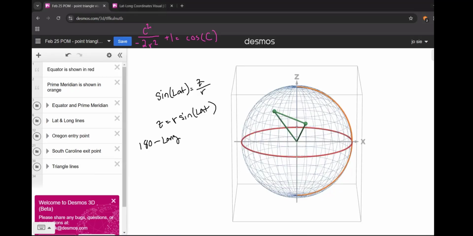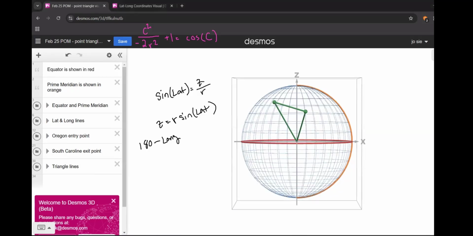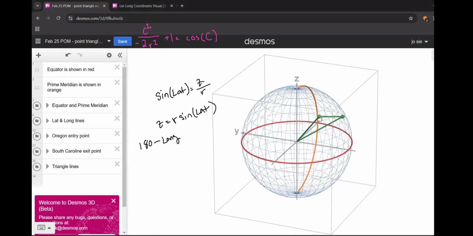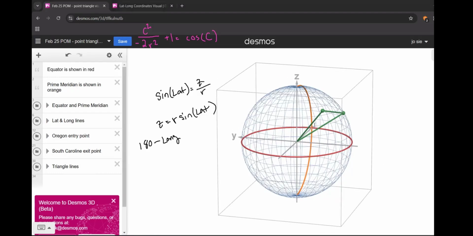Now, I'm going to go back to looking at a triangle that we were seeing before. So we just found our Z using the radius of the Earth and sine of the latitude.